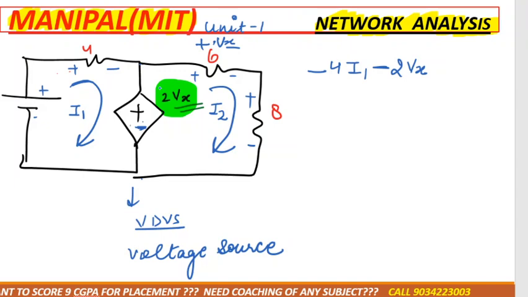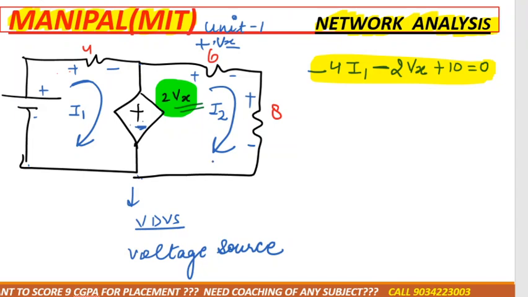So whatever it depends on, they will always mark it somewhere, 100%. Okay, nothing is there. Now back to the second sign, plus 10 is equal to 0. So this is the first mesh equation.